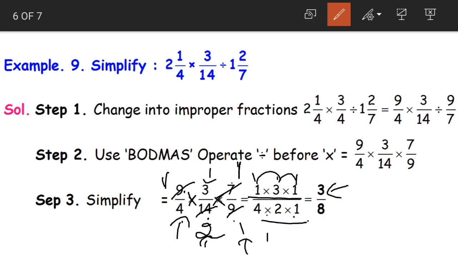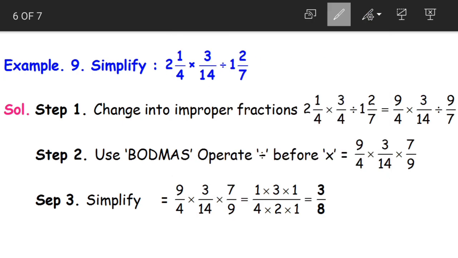The numerator becomes 3. In the denominator we have 4 2s are 8, and into 1, 8 1s become 8.